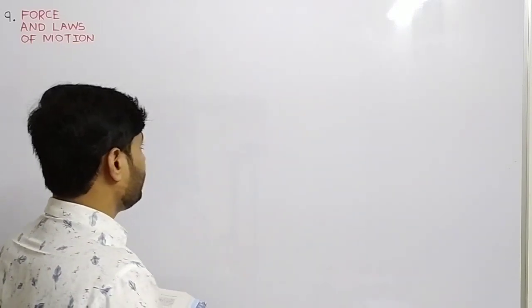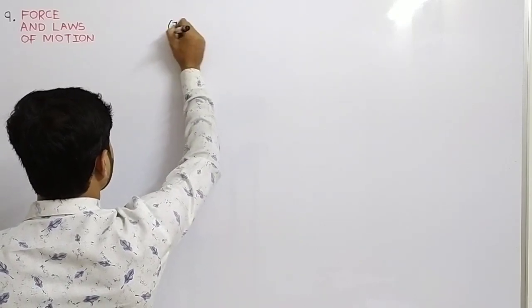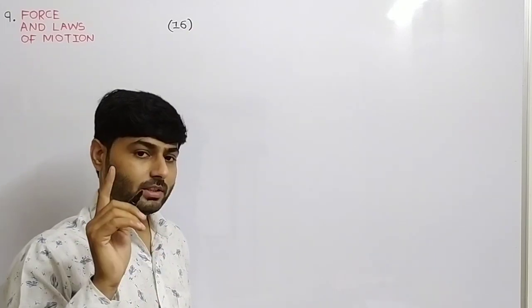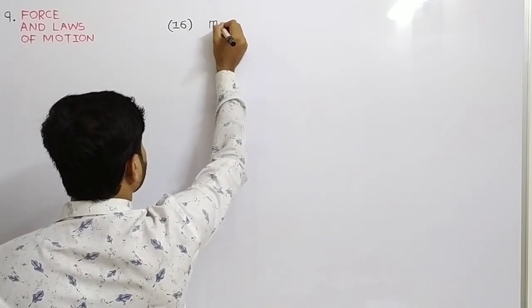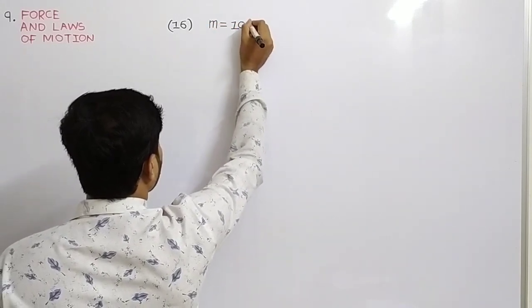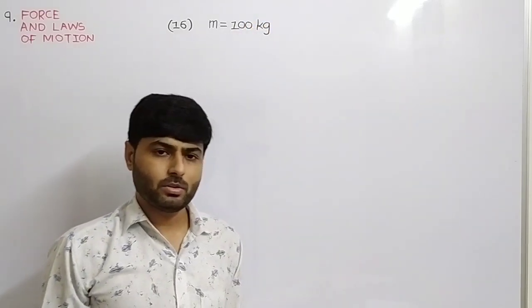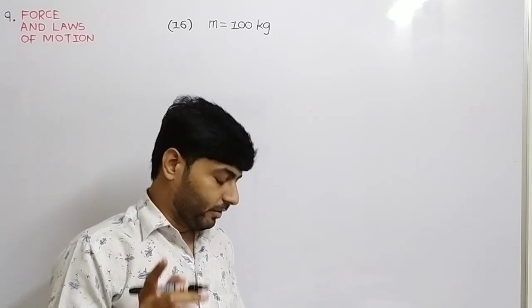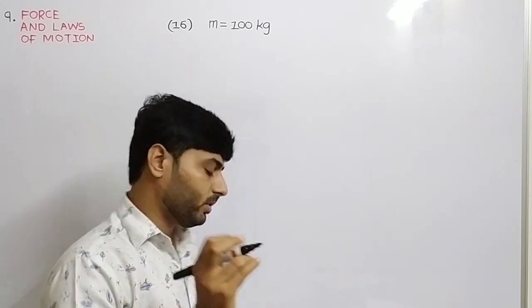Let's derive data first. We have question number 16. Object of mass 100 kg. So I write M is equal to 100 kg. I will write only M because we have only one object. Change in velocity 5 meter per second to 8 meter per second, which means we have two velocities.